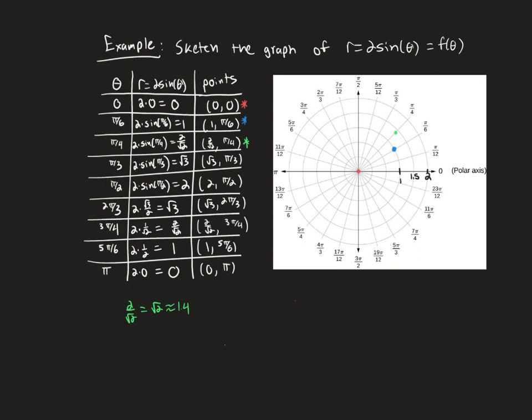Okay, square root of 3 is about 1.73, something like that. So we go to pi over 3, 1.7, that's about right there, halfway between the 1.5 and the 2. And then we're going to start over with the 2, pi over 2, so we go straight up.